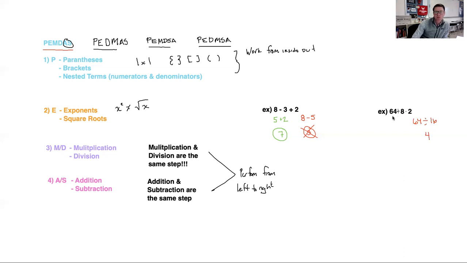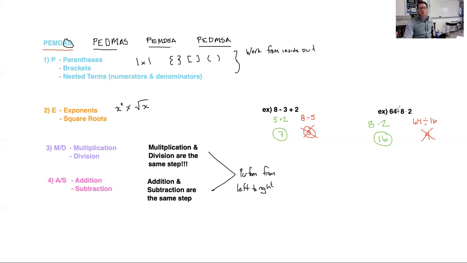So this would be 64 divided by 8 is 8 times 2, which is 16. This is correct. And the PEDMAS guy just blew the top off of the PEMDAS guy and said, welcome to the new reality that is PEDMAS, PEMSA, PEDMASA, right? Sometimes it will be PEMDAS, okay?